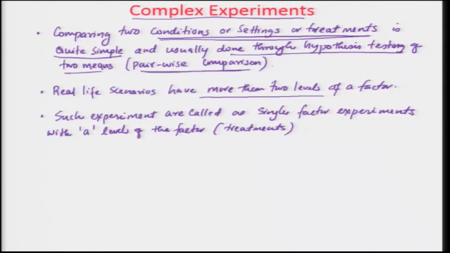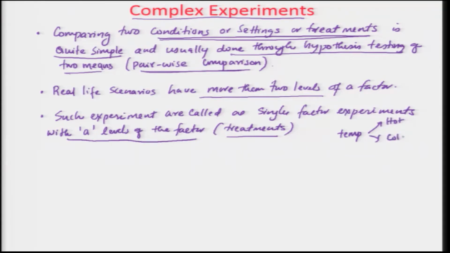When you have more than two levels, we say the factor has A levels, or A treatments. Assume you have temperature as a factor. The two levels would be hot and cold.